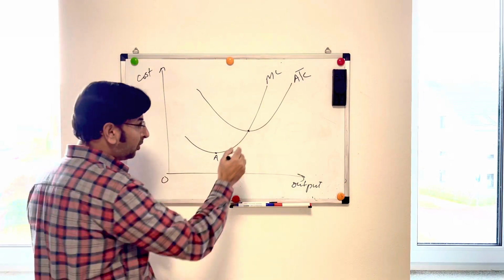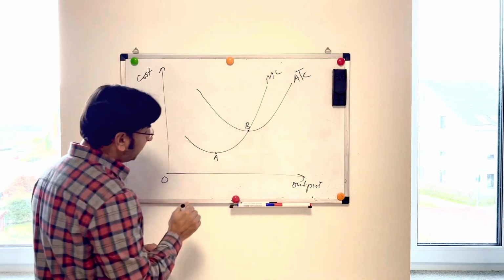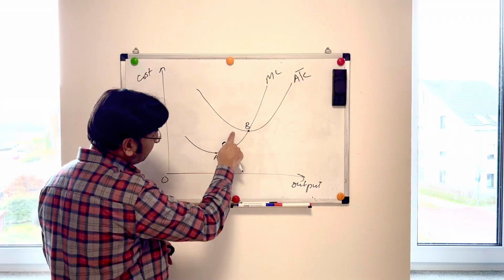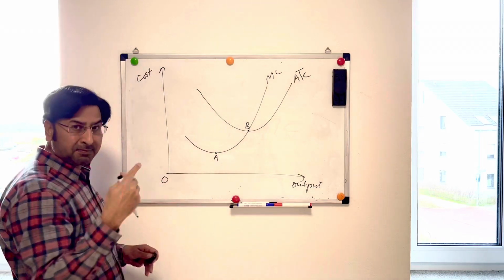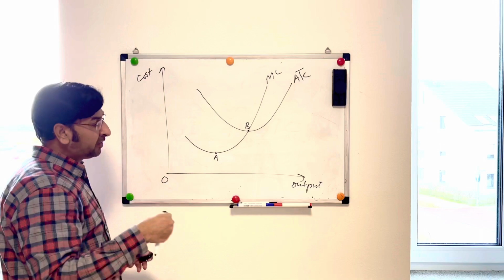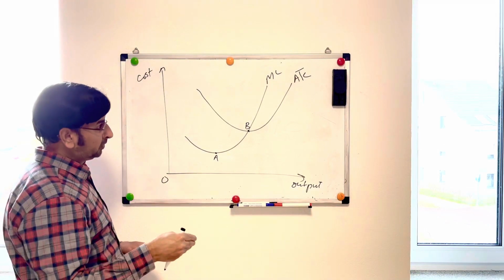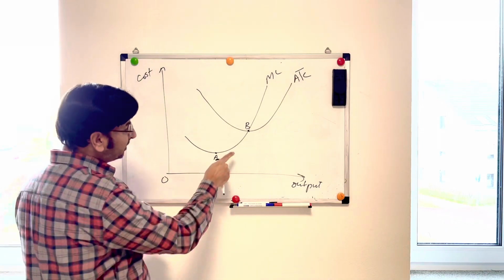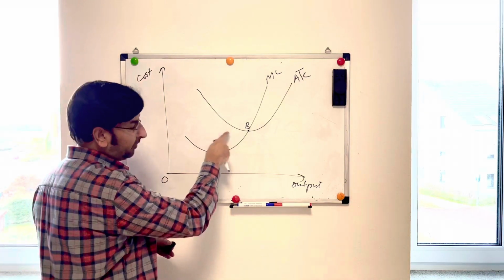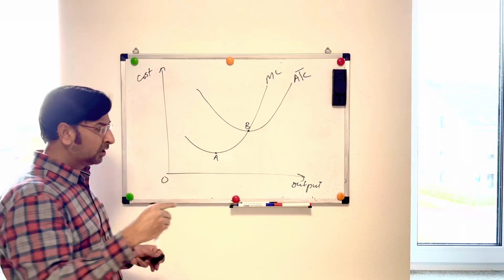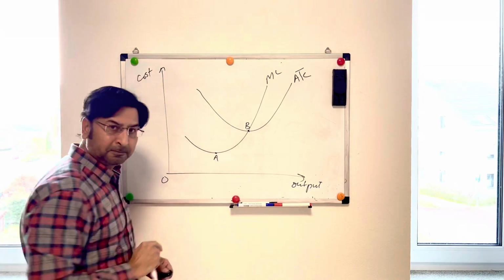That is true, but only after point B. The reason why AC is still falling when MC is rising between point A and B is that every additional output results in a cost number which is still lower than the average. And since the additional number is lower than the average, it will make the average still fall.